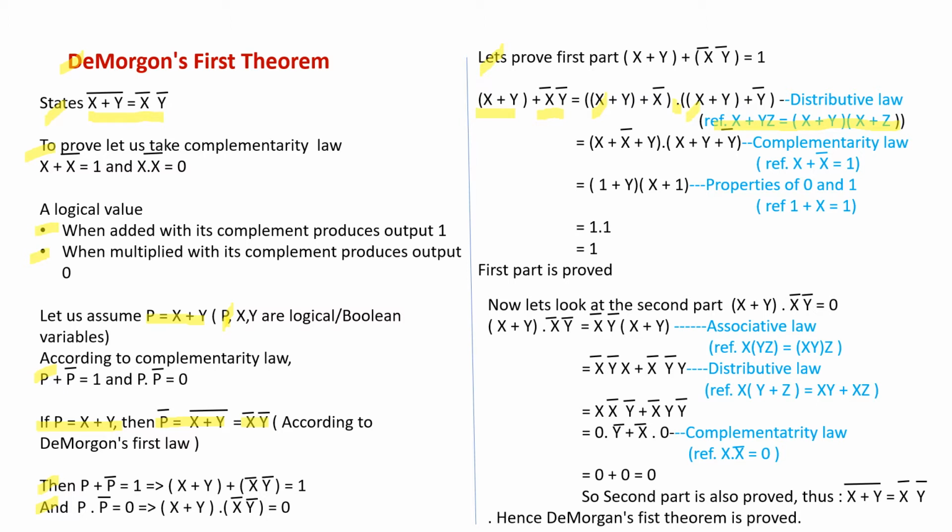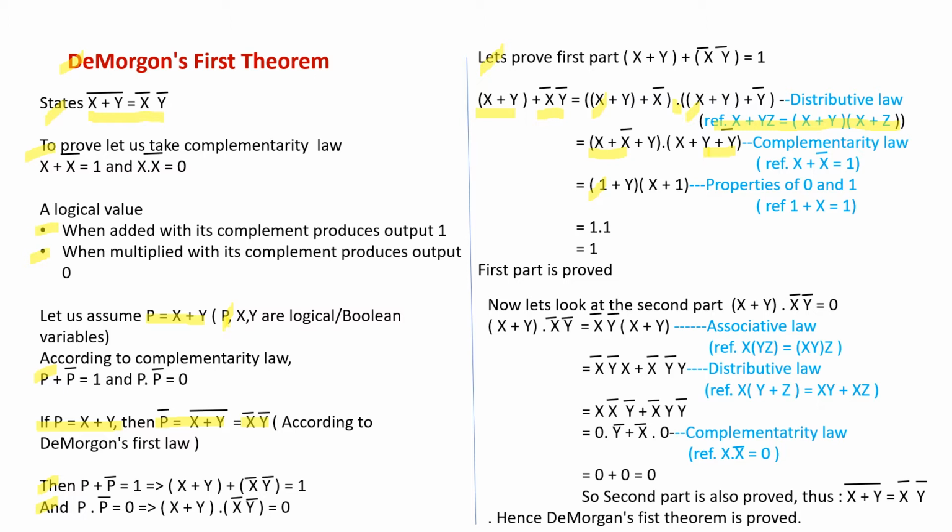In the next step, we are going to bring together x or x complement and y or y complement, and the reason is we are going to use the complementarity law. We know that x or x complement is nothing but 1, and we replace it, and we get the expression 1 or y and x or 1.